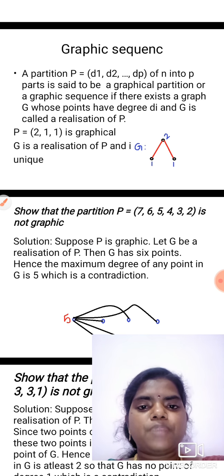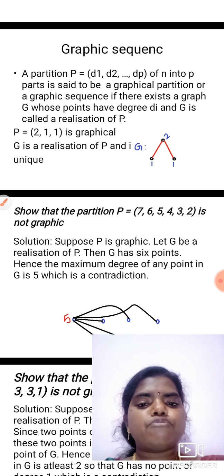A partition P equal to d1, d2, etc. up to dp of n into p parts is said to be a graphical partition or a graphic sequence if there exists a graph G whose points have degree di, and G is called the realization of P. For example, for the number 4, if I have the splitting 2, 1, 1, the sum 2 plus 1 plus 1 equals 4.